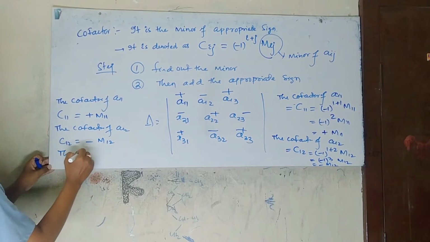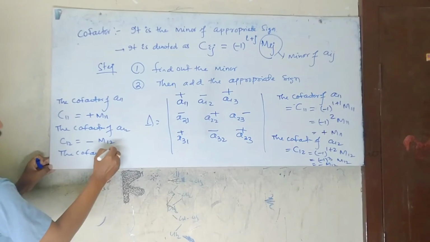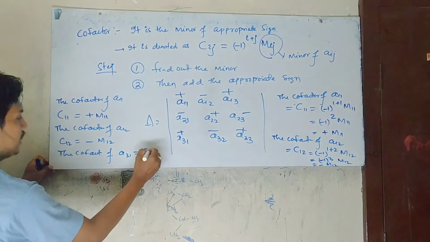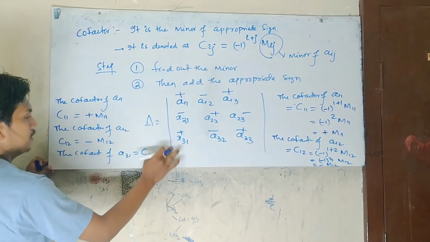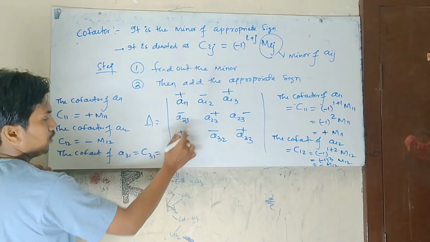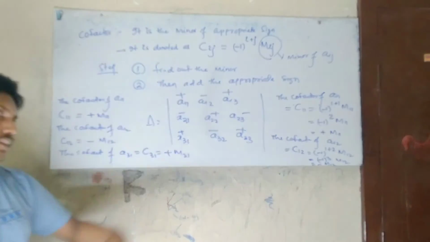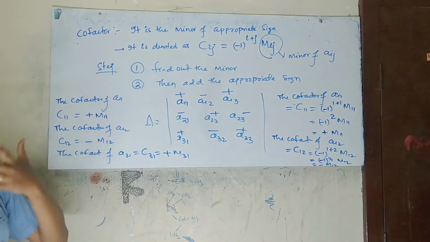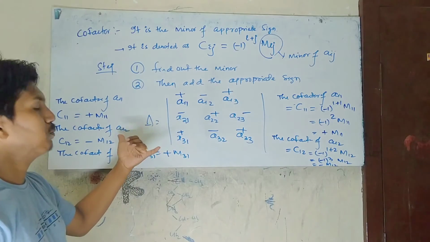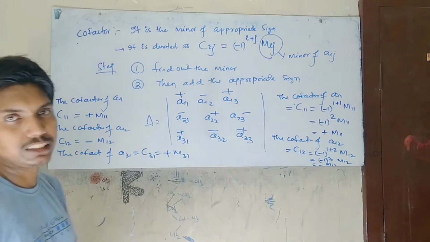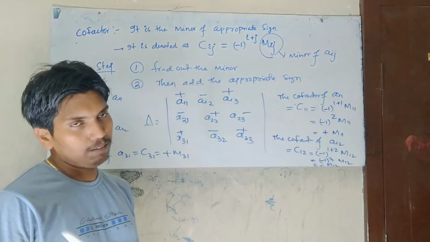If you write the cofactor of A31, let it be C31, and you write in a very simple way, the sign is plus, so plus M31. So you can write this way or this way, and I think probably this is a very simple way for you. Next I am giving you a simple example, and you can understand very easily.